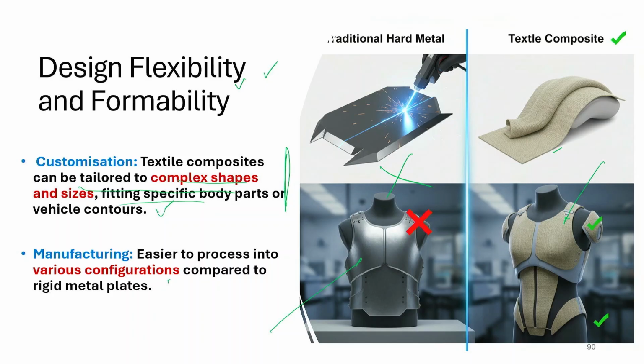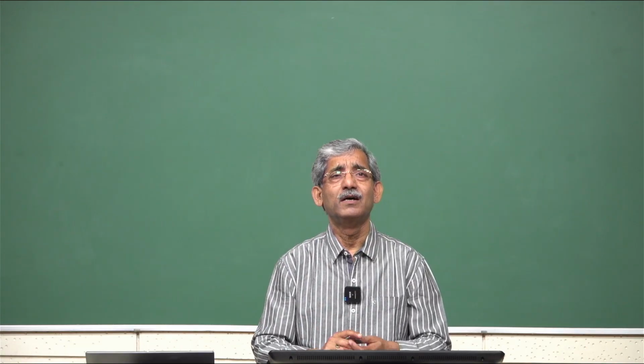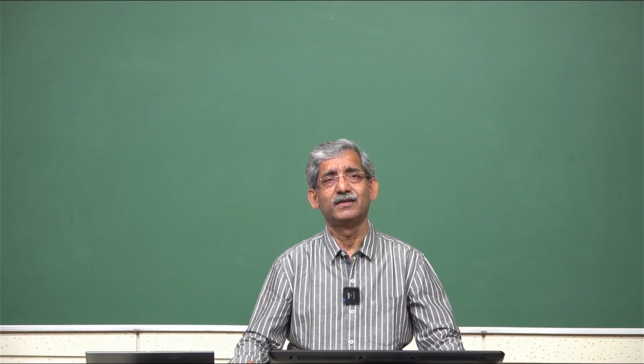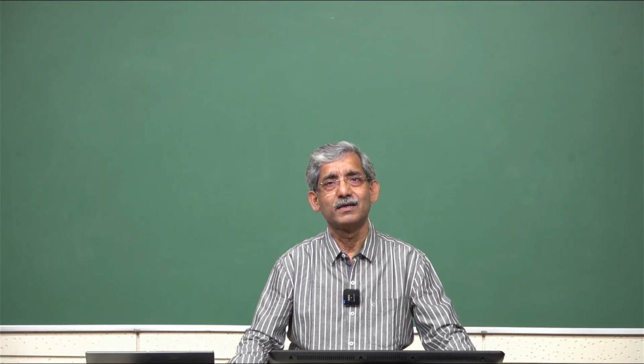This type of composite is used for lower threat, soft body armor we can use for lower threat, but where the threat perception is high, in that case we can use a hybrid armor system with the textile structure, because the hybrid will use hard body armor for higher protection when we perceive the threat, otherwise we can remove it, it is removable armor.